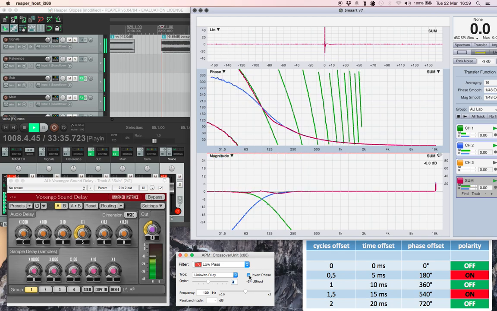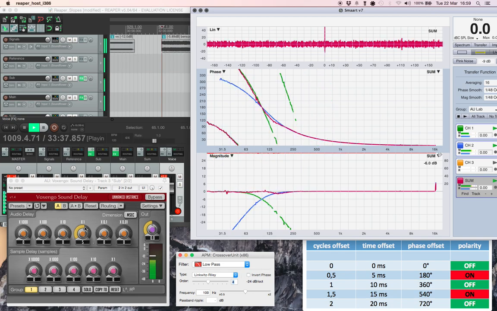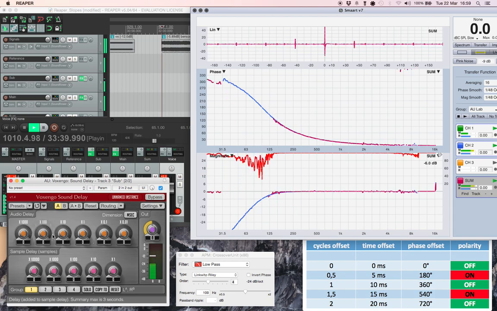Okay, let's go to the next instance, which would be one cycle apart. 360 degrees of phase shift, in phase, one cycle out of time.